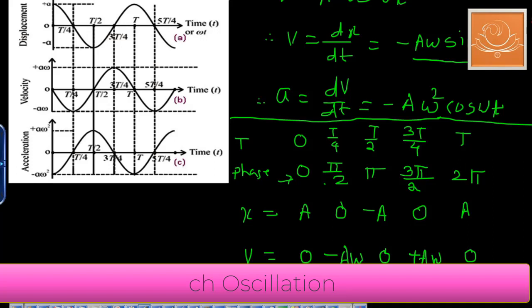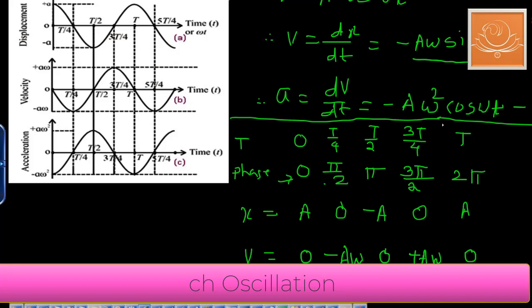Now last, acceleration. Acceleration at 0 phase equal to minus a into omega square, because cos of 0 equal to 1. Cos of pi by 2 is 0, hence acceleration is 0. Cos of pi equal to minus 1, hence acceleration becomes plus a into omega square.